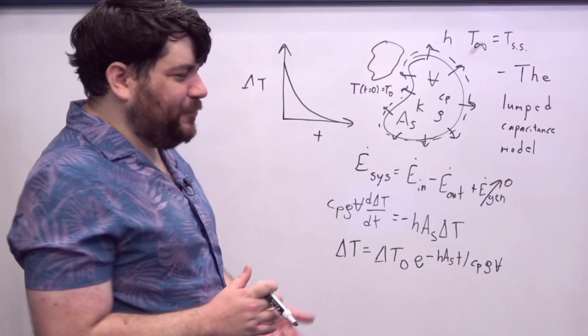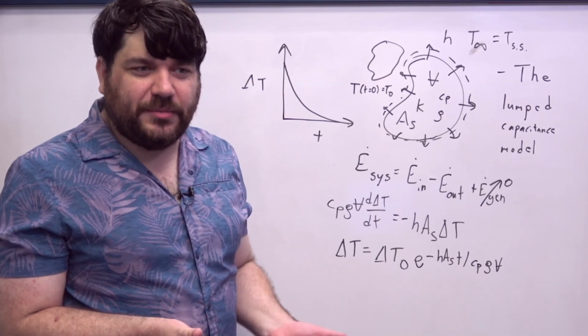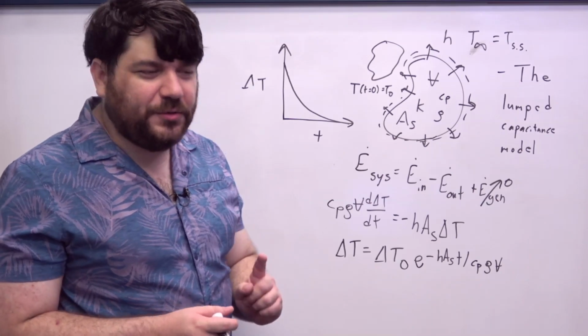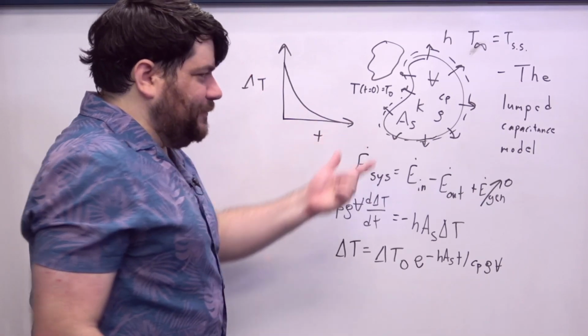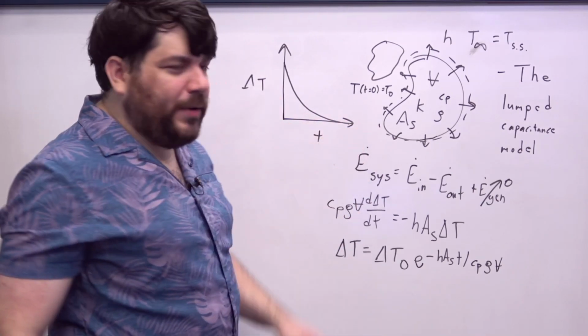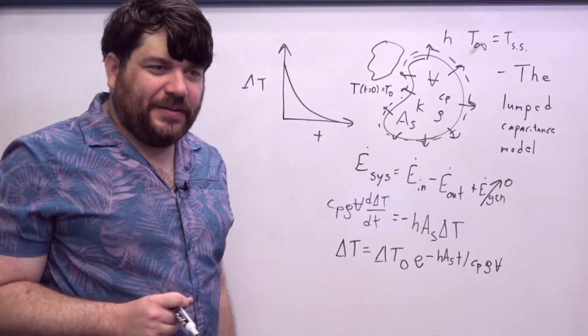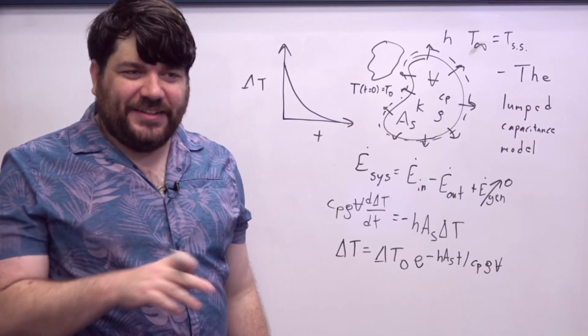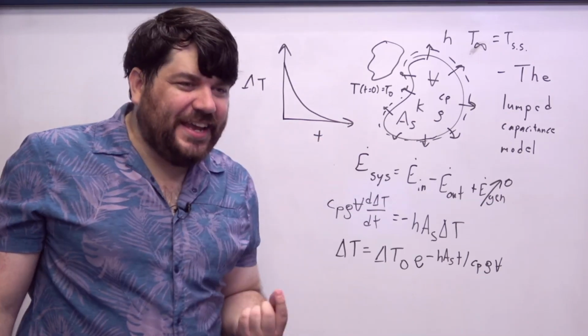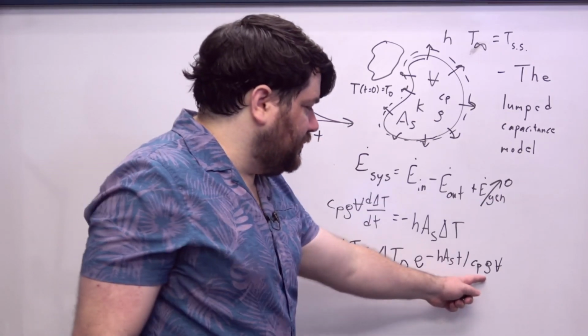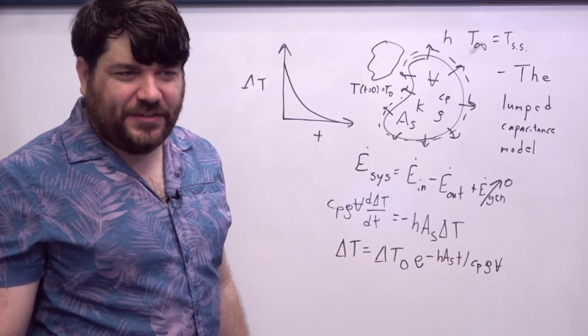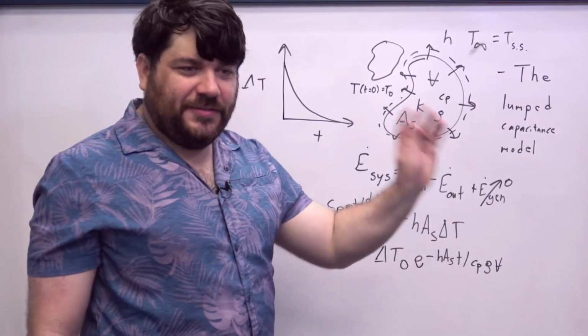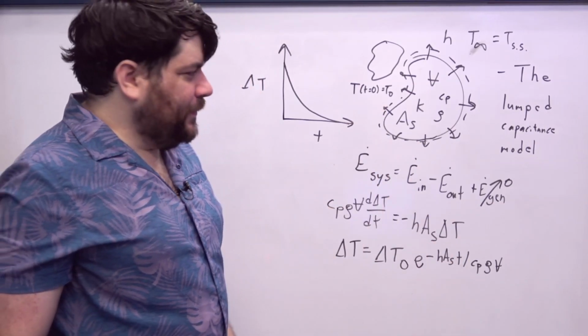When I say decrease, we're talking about the absolute value. So it's valid to say that this thing will always decay to zero. But it will decay to zero asymptotically, in the sense that it will never actually hit zero, because a negative exponential never actually hits zero unless t is infinity.